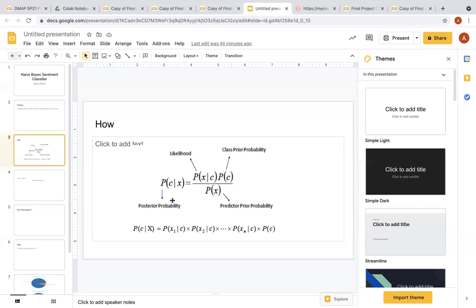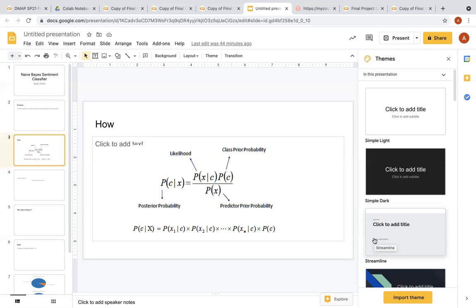So thanks to this assumption, as you can see at the bottom of the image, the likelihood probability, the conditional probability of X given C, is broken up into a product of individual likelihood probabilities: X1 given C times X2 given C, all the way up to Xn given C. What are X1, X2, X3, all the way up to Xn? These are the words that are in the review that we want to classify.